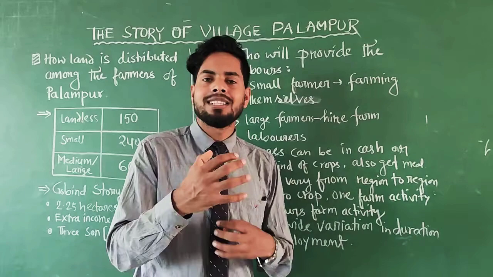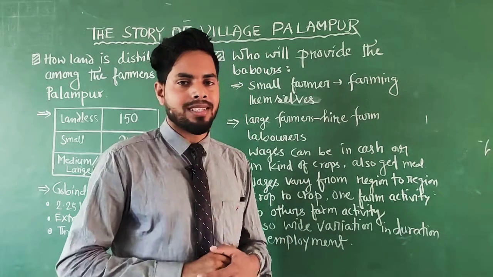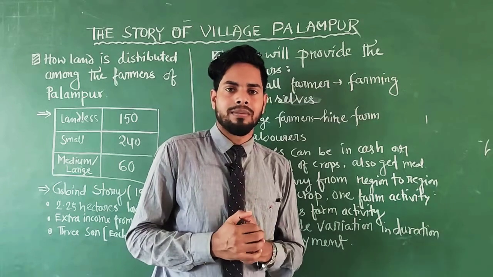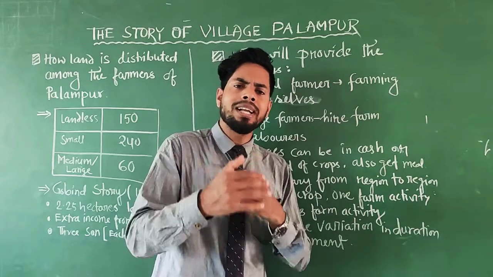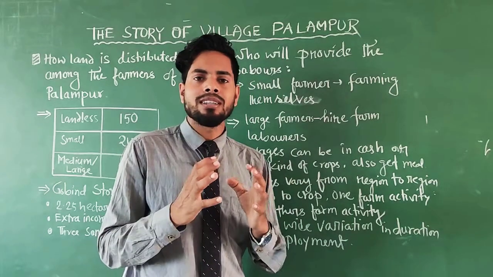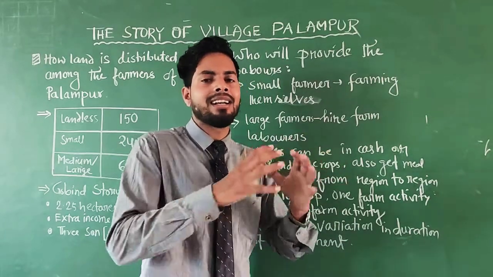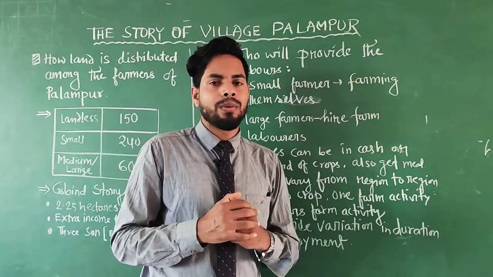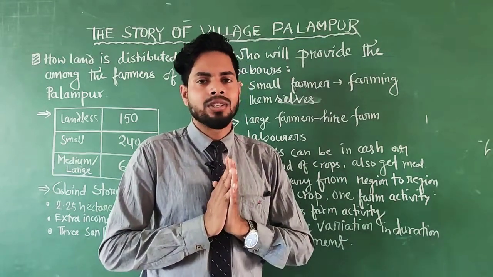We know labor is the second important factor of production. For completing any task for production, we require both skilled and unskilled labor. Without labor, we can't produce any kind of goods.